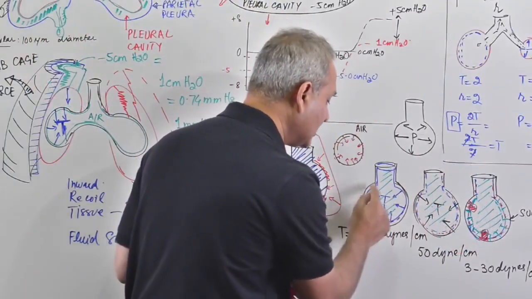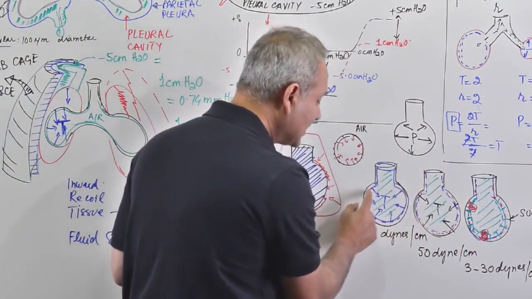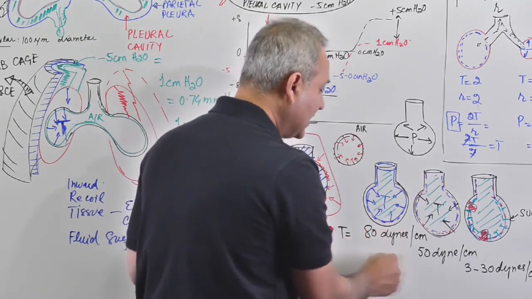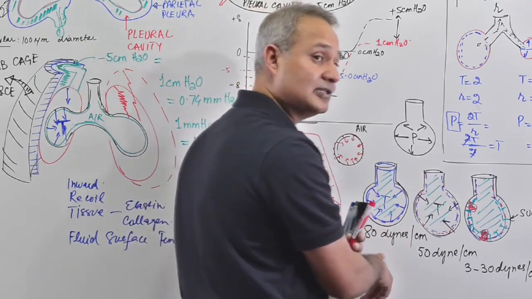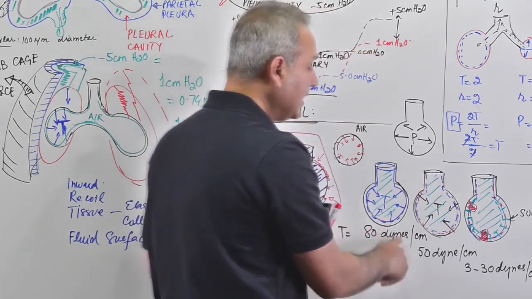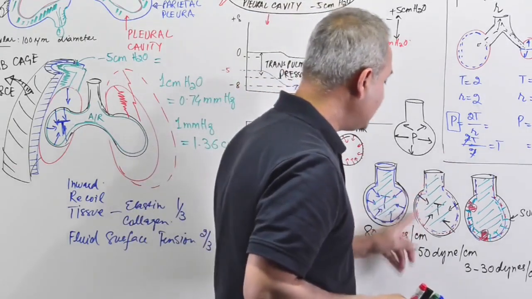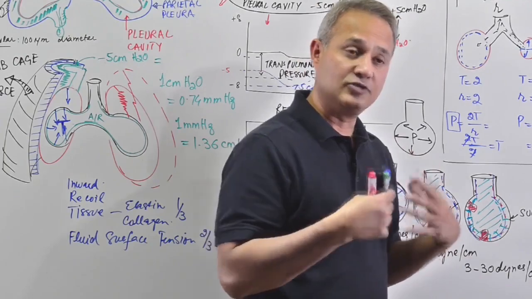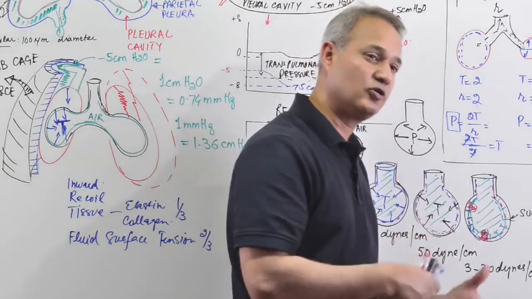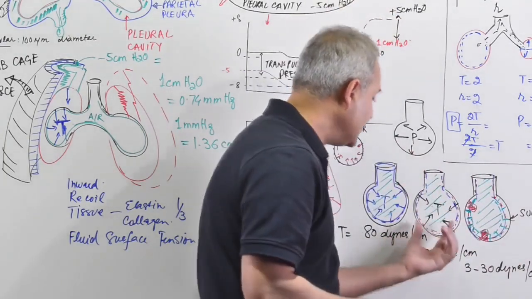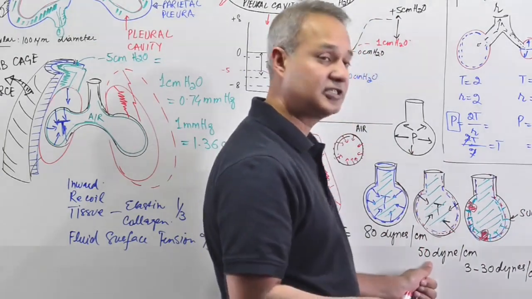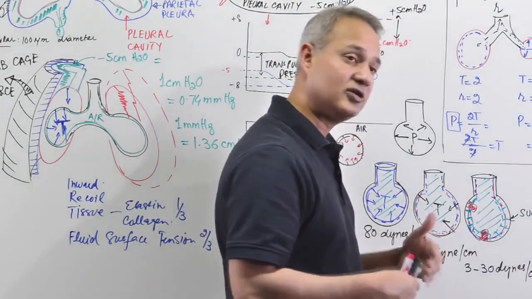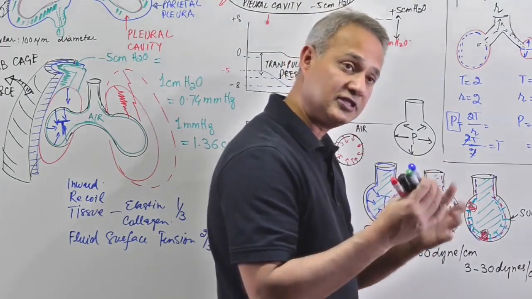One is the collagen and elastin, and second is the fluid sticking to the walls, pulling the walls inward. That surface tension is about 8 dynes per centimeter. If you then change that water with normal fluid of our body composition, for example, sodium, potassium, chloride, magnesium, and so on, then the surface tension reduces to 50 dynes per centimeter. So that means the ions are playing a role in reducing the surface tension as well.